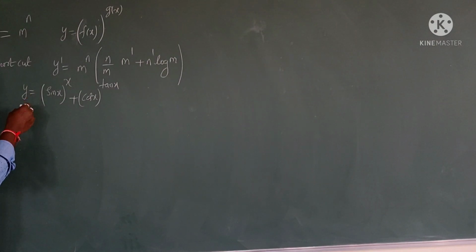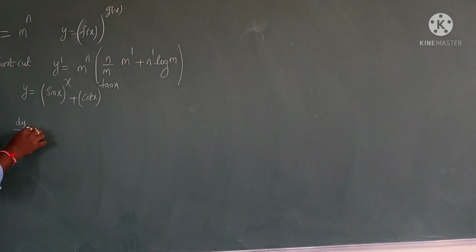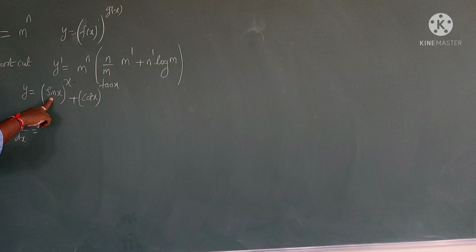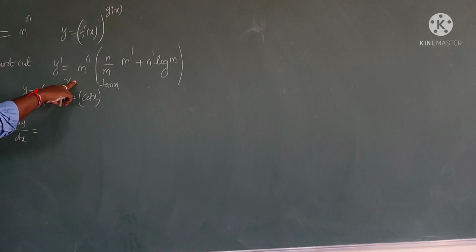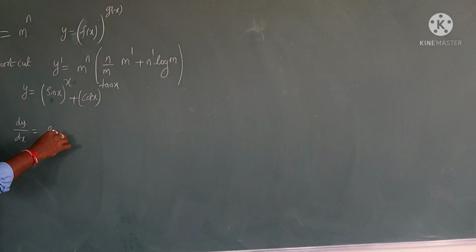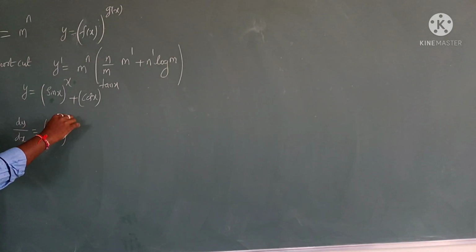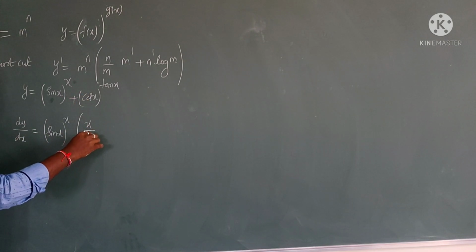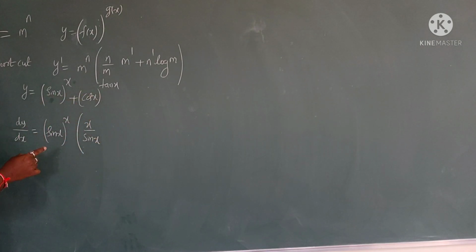So what I get here, dy by dx is equal to, this is m, this is n. Remember that. Sin x is m, x is n. So according to the formula, I get sin x whole power x in bracket, x upon sin x, that is n by m, into m dash. What is m here?